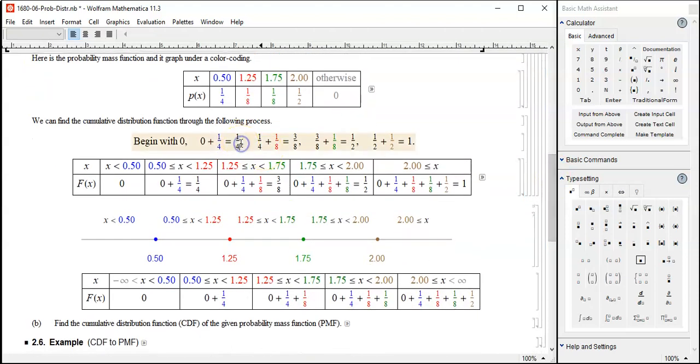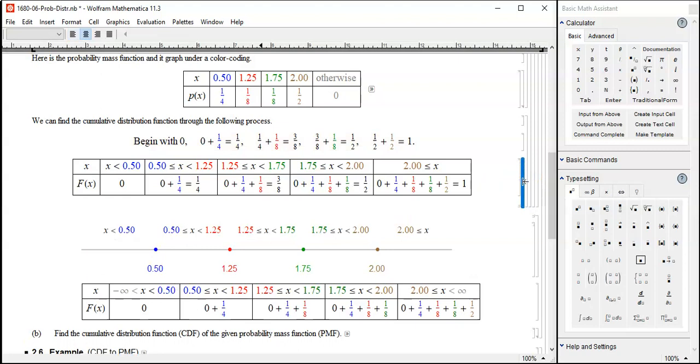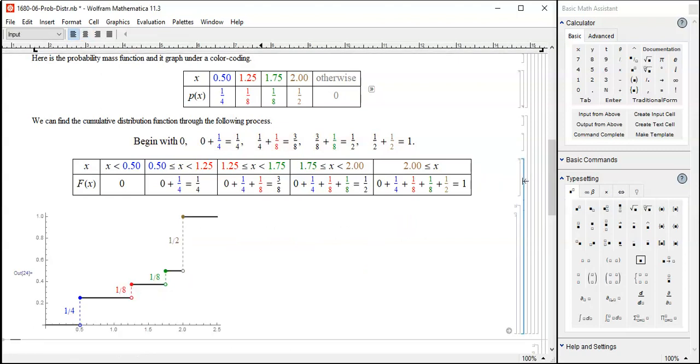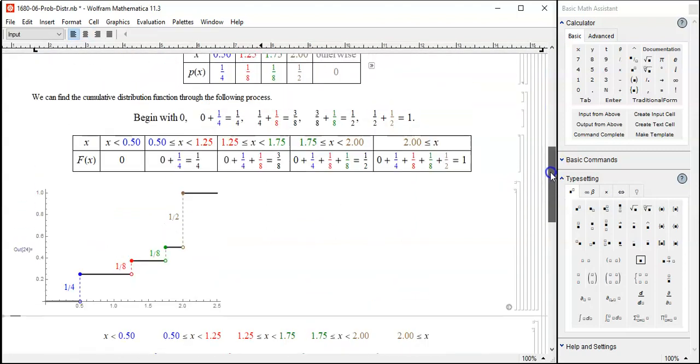See, you do this computation, add up, add up, add up, add up. You have all these answers, 0, and then this 1/4, and then 3/8, 1/2, and then 1. And those are the function values.